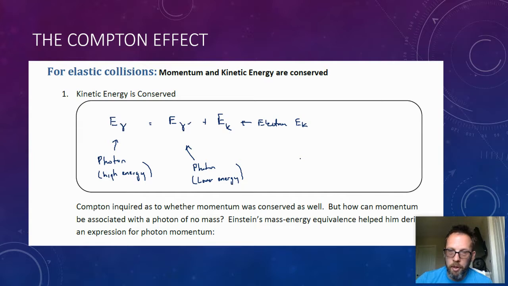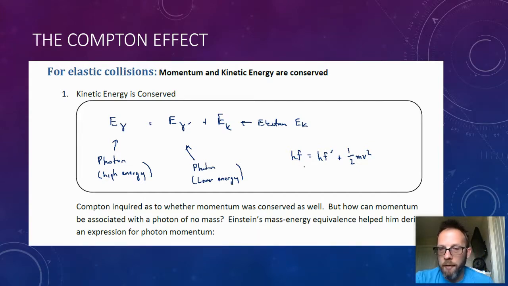And so plugging in what we know, we had the energy of the photon, hf, equals the energy of the lower energy photon, which would be hf prime, plus 1/2 mv squared, the kinetic energy of the electron.